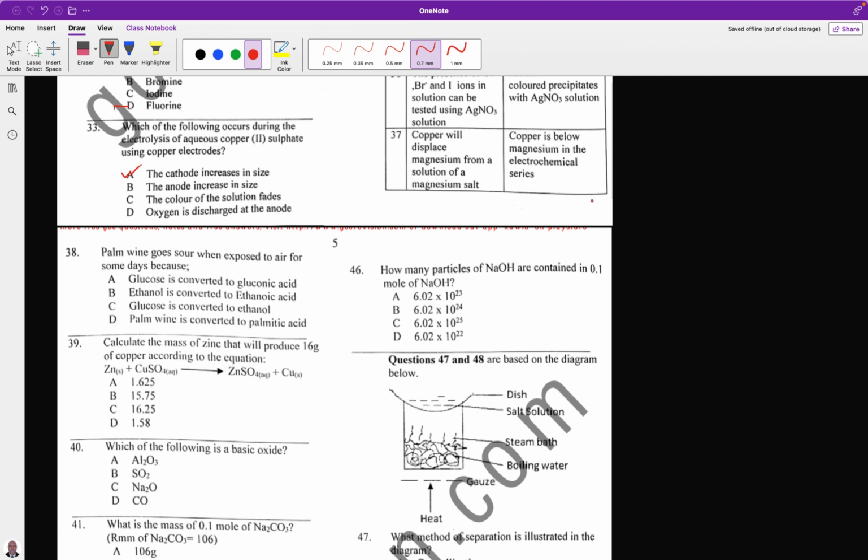Of course, palm wine contains glucose. For the purpose of revision, palm wine contains glucose, and inside there is what we call yeast.